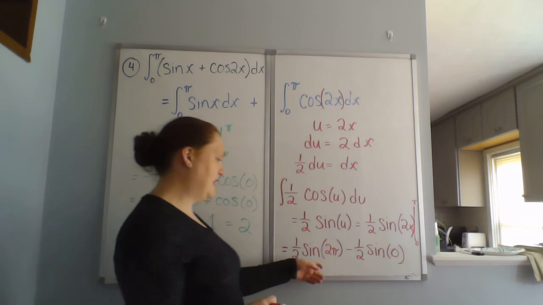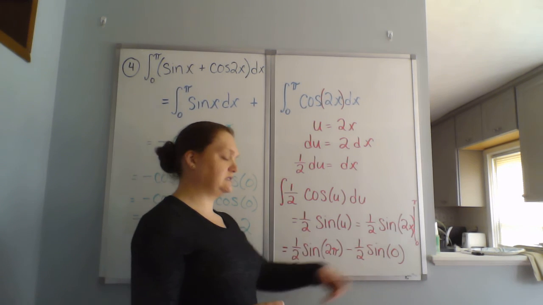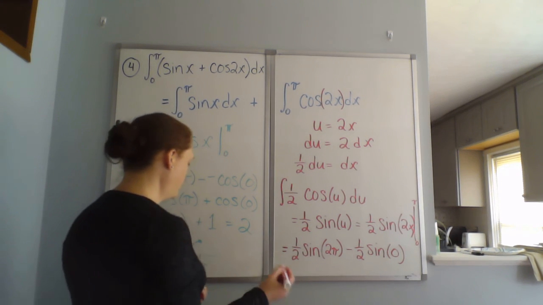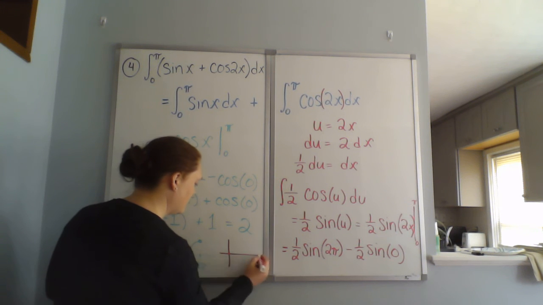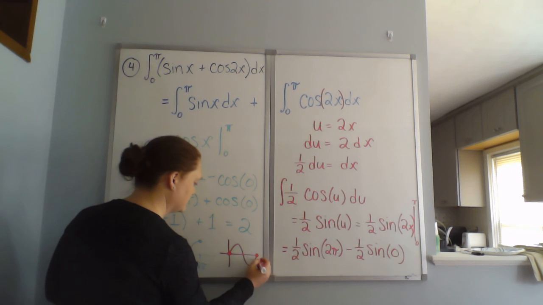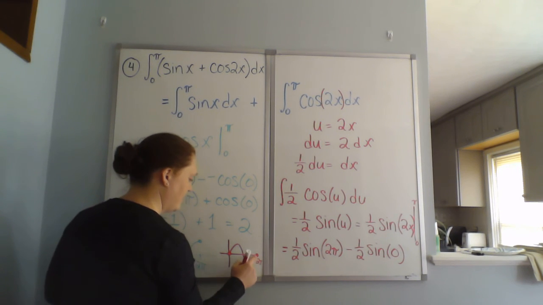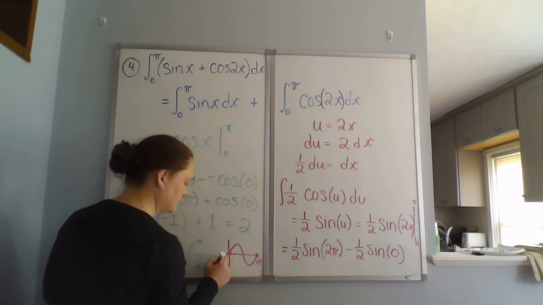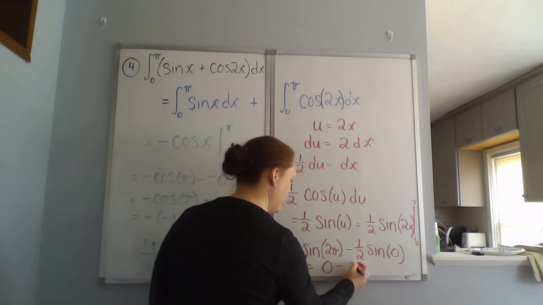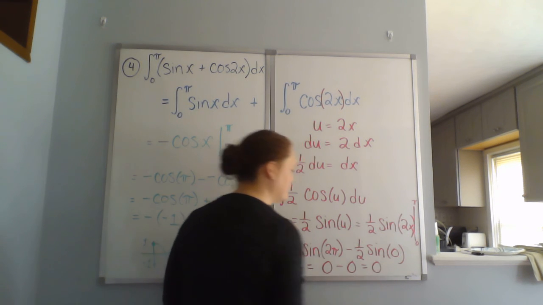Okay, so whatever the value is, I'm doing the value minus itself. This is going to come out to 0. All right, but just for reference, a sine graph starts at 0, goes up, down, up, ends at 2 pi. So there's the 2 pi, the y value is 0. Here's the 0, the y value is 0. So this is really just 0 minus 0 equals 0.